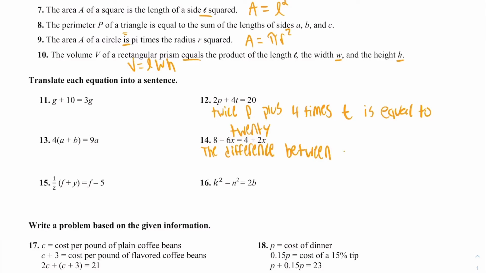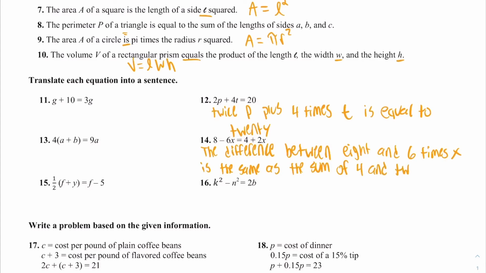The difference between 8 and 6 times x is the same as the sum of, because that means add, 4 and twice x.